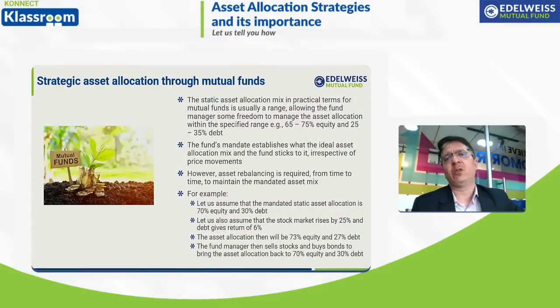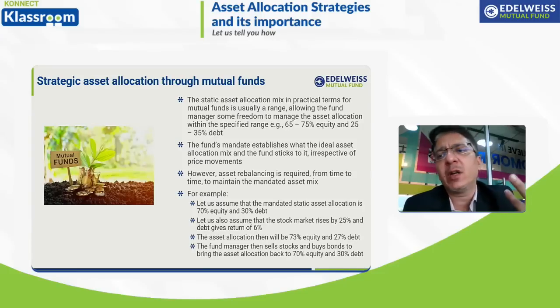Quite simply, a static asset allocation mix in a mutual fund, where let's say you're looking at a mix of equity and debt, you could invest in something which suits your investment appetite in terms of risk and expected return. So let's say you look at an equity-debt mix, where equity is higher and debt is a little lower, something like 65-75% equity and 25 to 35% debt.